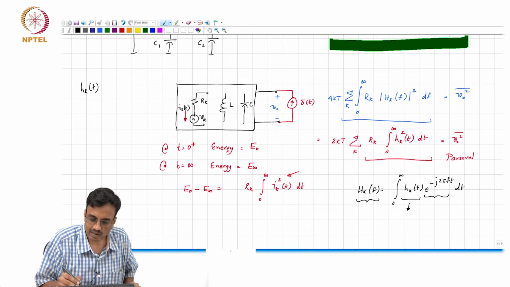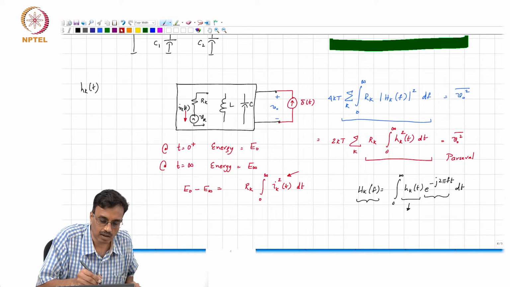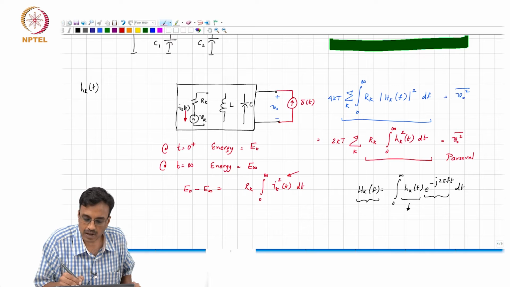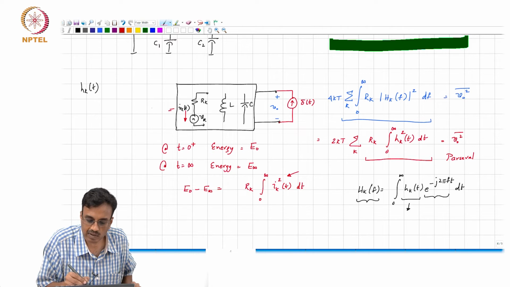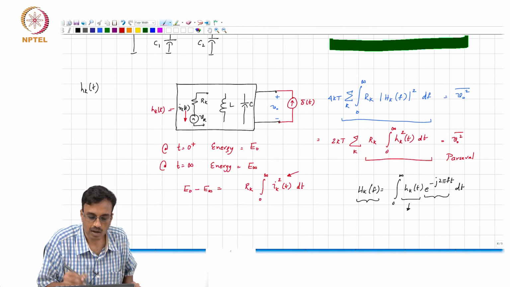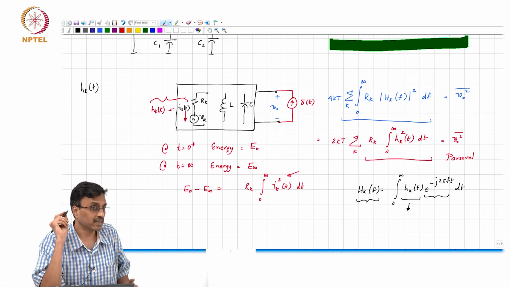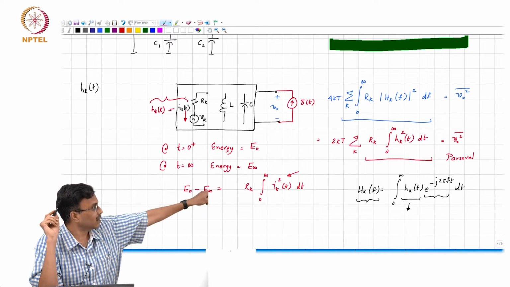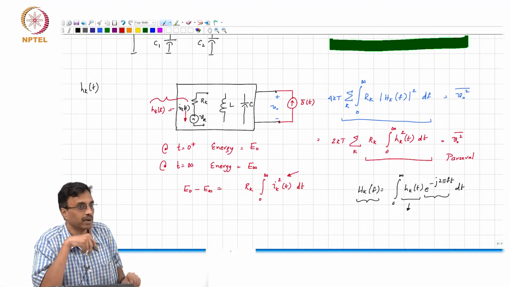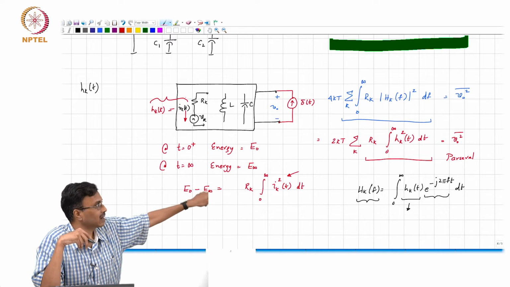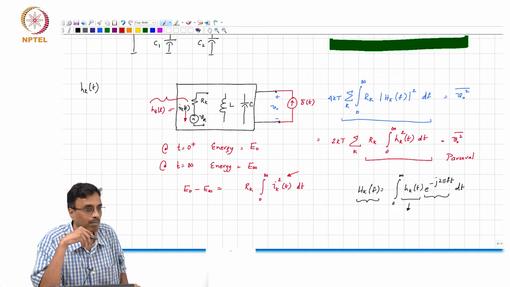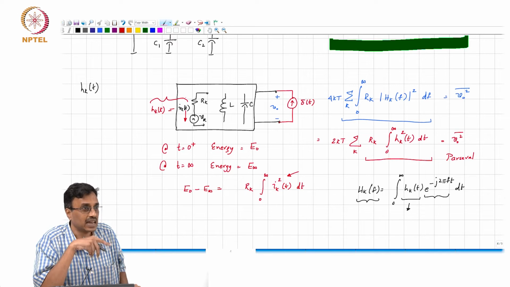So, definitely ampere is not correct, it is hertz, alright. So when you say if you put delta of t here, you get ik of t, which is hk of t, this is definitely not correct. Is this correct or no? If I put an impulse there, my claim is that by reciprocity, the current in V sub k must be hk of t.